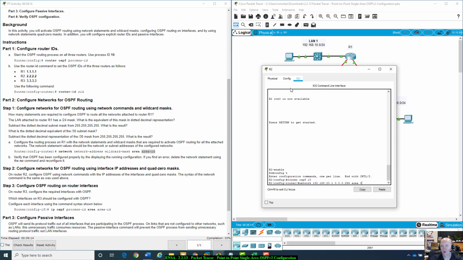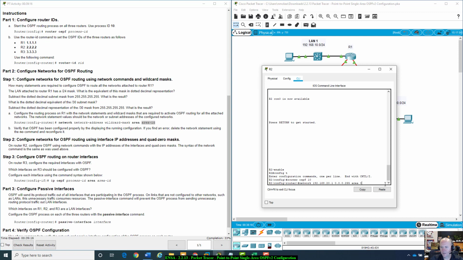What we're doing here, we're telling it to use this specific IP address. So instead of a slash 32, which is all 255s for all 4 octets, you're putting in the inverse of that, and then area 0. All right, so that looks good.